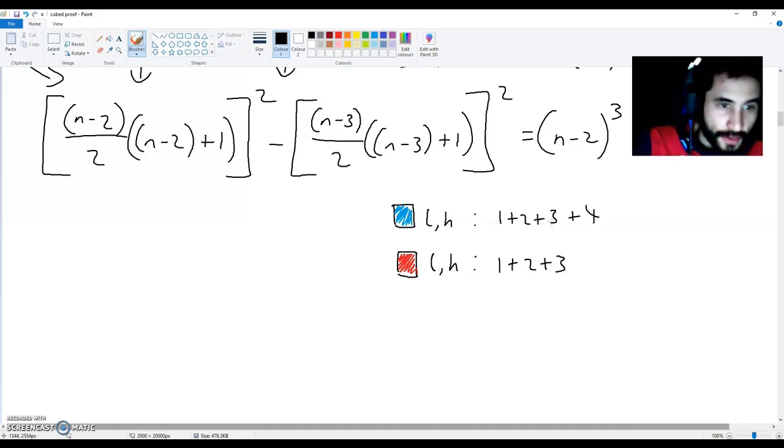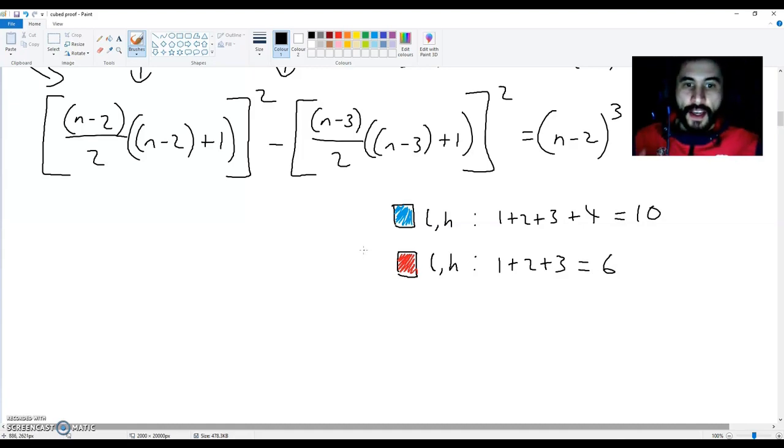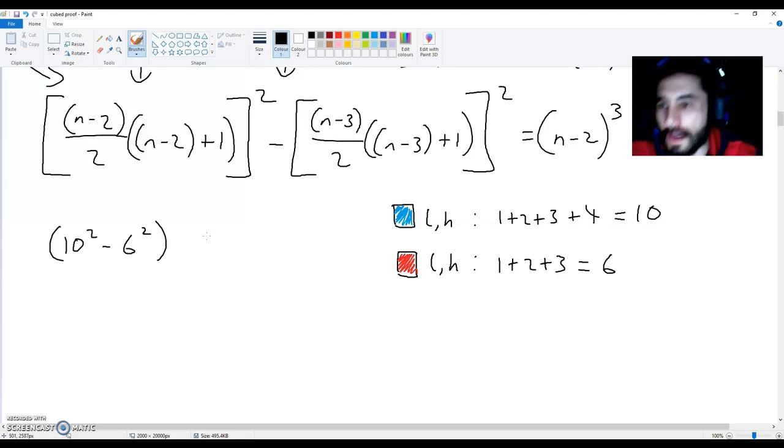1 plus 2 plus 3 plus 4 is in fact 10, and 1 plus 2 plus 3 is 6. So the area shaded in blue is going to be equal to 10 squared minus 6 squared. And what does that actually give us?